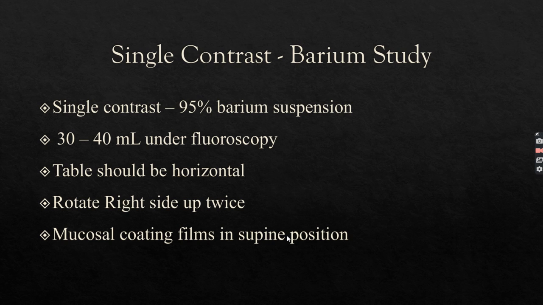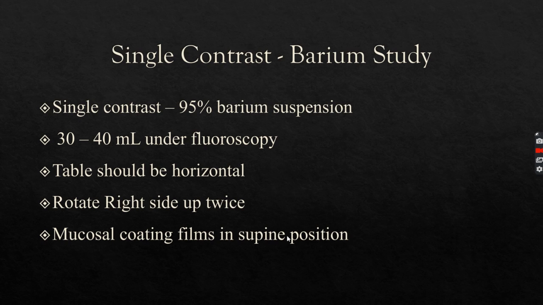Now, after this mucosal relief view on barium meal, it's a single contrast barium study. What are we supposed to do in a single contrast barium study? 95% barium suspension is given to the patient, and the volume is around 30 to 40 ml under fluoroscopy. Fluoroscopy is always required during any barium study.